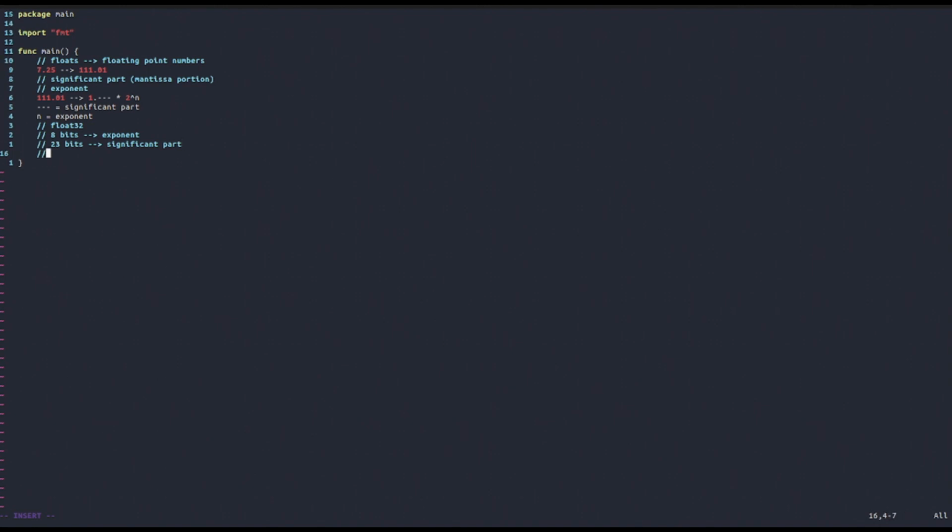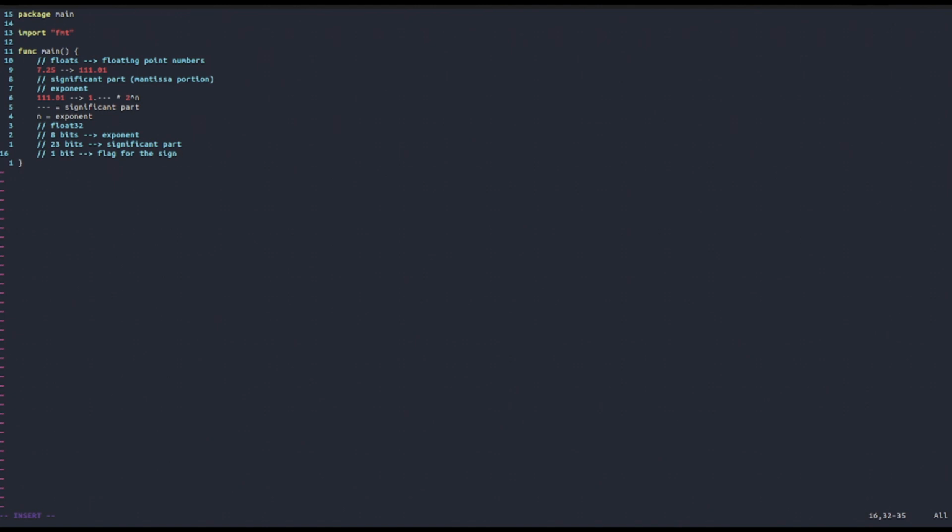And then you will say, well, what about the last bit? We now have 31 bits allocated. What about the last one? Well, 1 bit will be allocated for the flag for the sign. Because of course you need to specify if the number that we saved is a positive or a negative number.